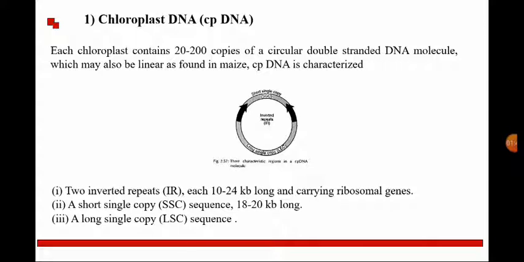And the shorter single copy is 18 to 20 kb long. You can see here three parts, that means the short single copy and long single copy, and the black section containing the chloroplast DNA.